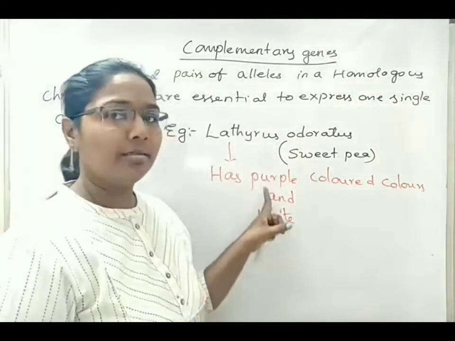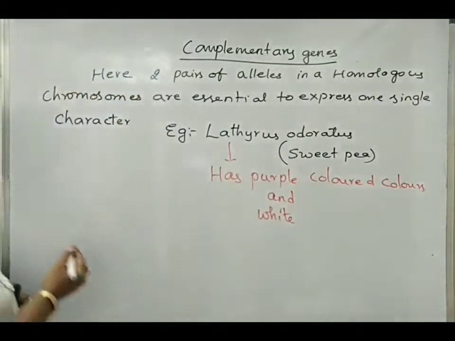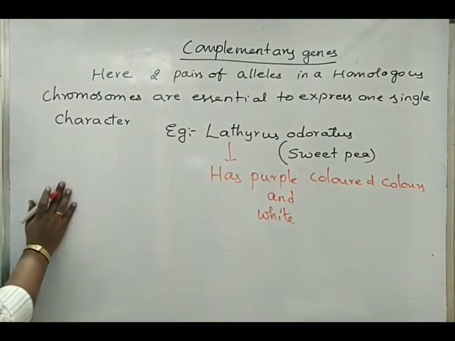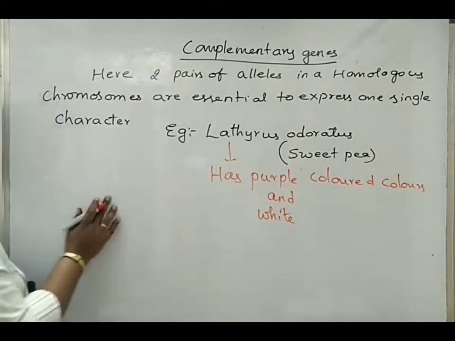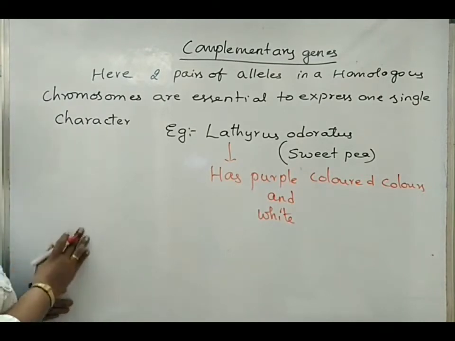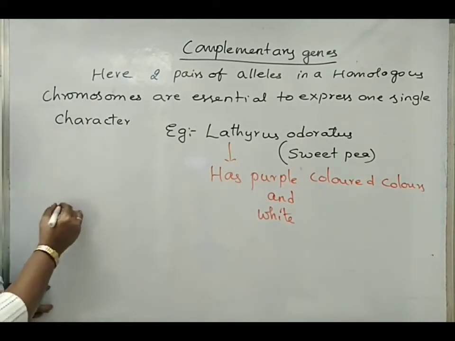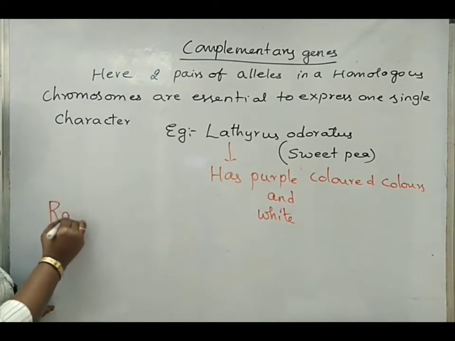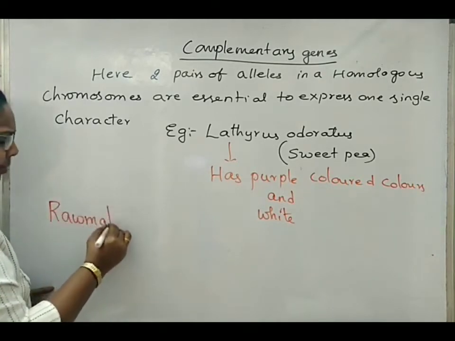If these are not present, then purple will not exist. Now, for this process, when the flower is forming, there should be some raw material in the plant body. For suppose there was a raw material in the plant body.